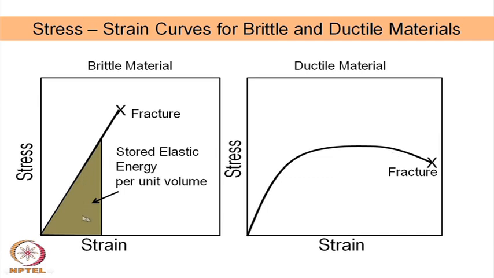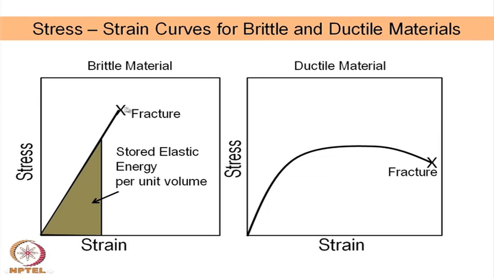Whereas, if you compare that curve with that of a brittle solid or brittle material, you will find it is mostly elastic strain. So, it has a straight line behavior like here, and it goes up to a higher level of stress and then suddenly fractures.